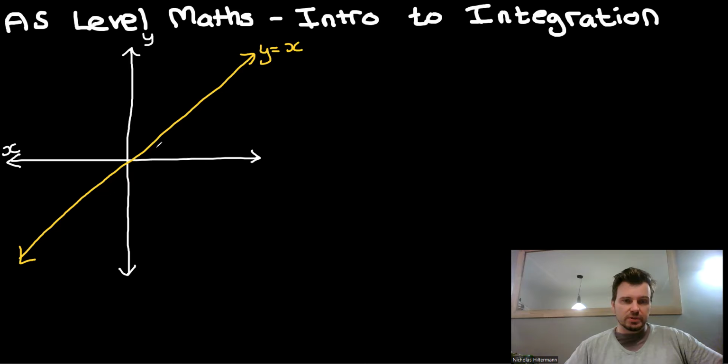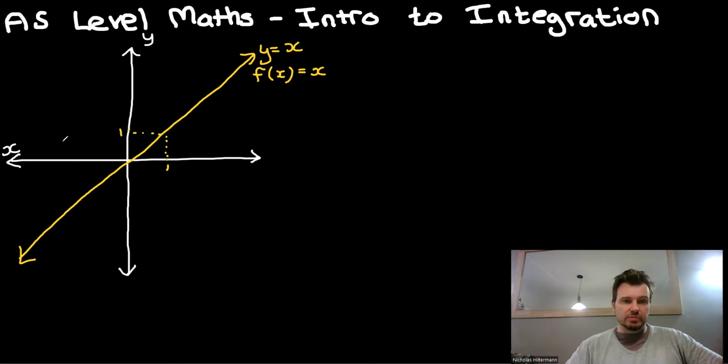And we know y is x because if we have 1 there, then x is 1, y is 1. Also, this can be written as f of x equals x. And of course, f of x is the same as y, but f of x allows us to then do different graphs.